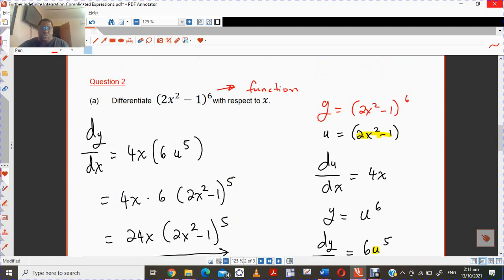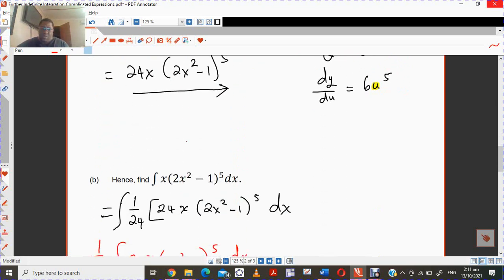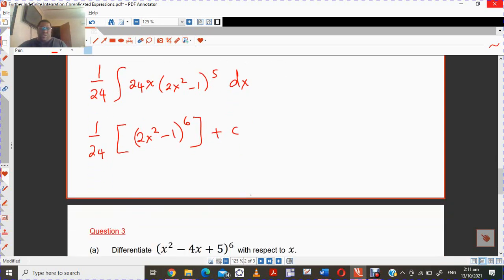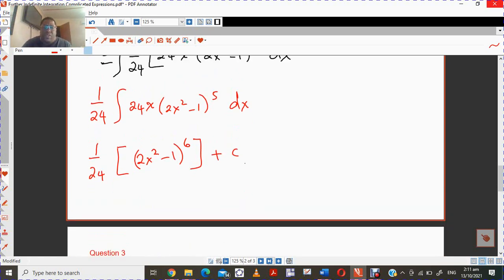Our original function was (2x² − 1) all raised to the power of 6, plus the constant of integration. You can take away the brackets and then your work is done here.